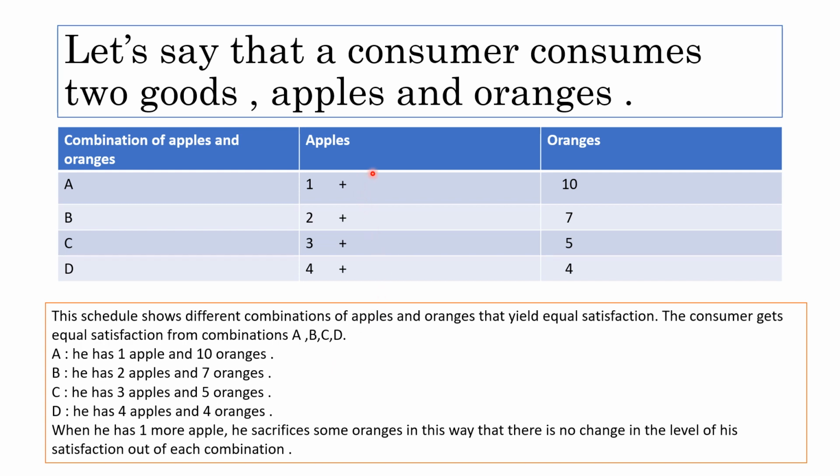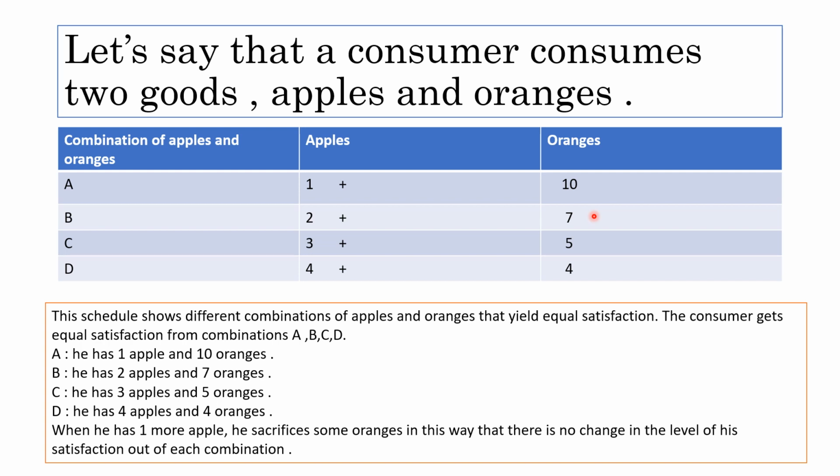See, if it is 1 apple and 10 oranges, now when he is moving to 2 apples, he cannot be at 10 oranges because then the basis of indifference curve analysis will go false. What is the basis of the indifference curve? That he has to derive equal satisfaction. So in order to gain 1 apple, he has to forego some amount of oranges to be on the same satisfaction level. If he is not foregoing any number of oranges to increase the number of apples, his satisfaction will not be the same.